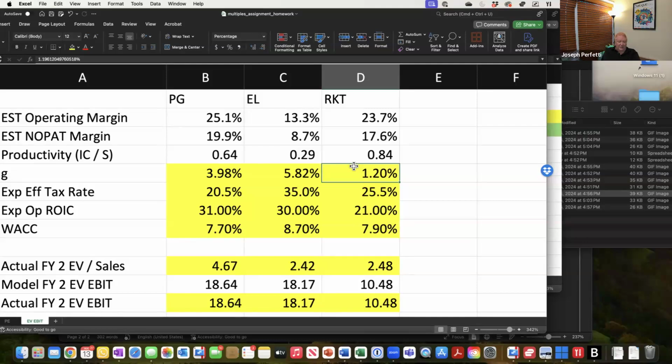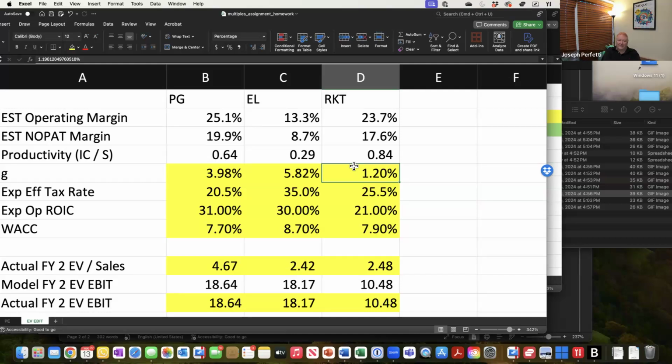Any other questions about the homework? Yeah, I have a question. Go ahead. Since this is a perpetuity, is it reasonable or acceptable to keep the 35% tax rate? Are there any issues with keeping such a high tax rate? No, it goes back to what do you think is reasonable for the company in the long term?